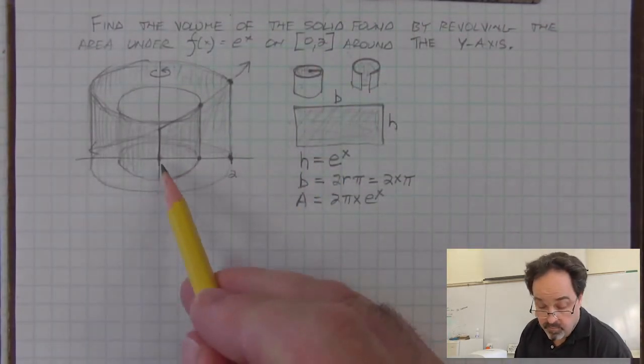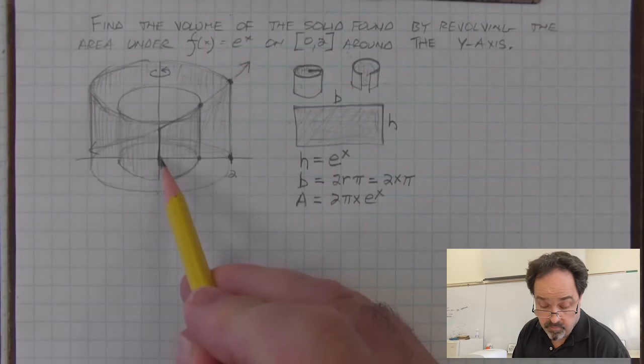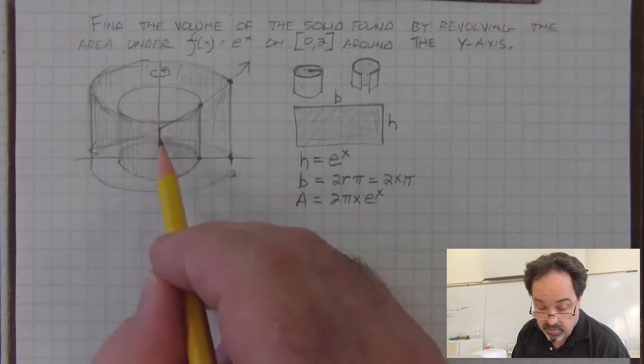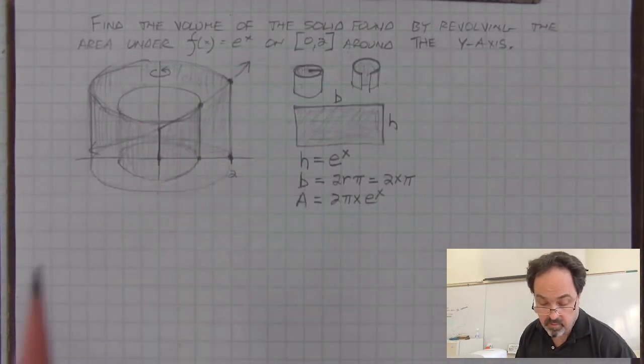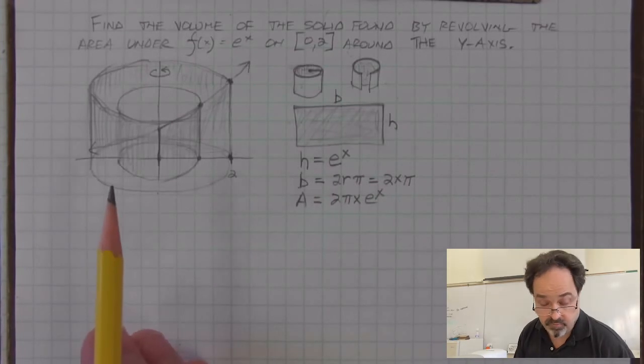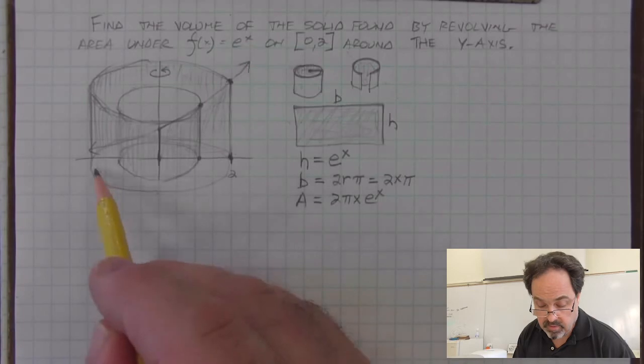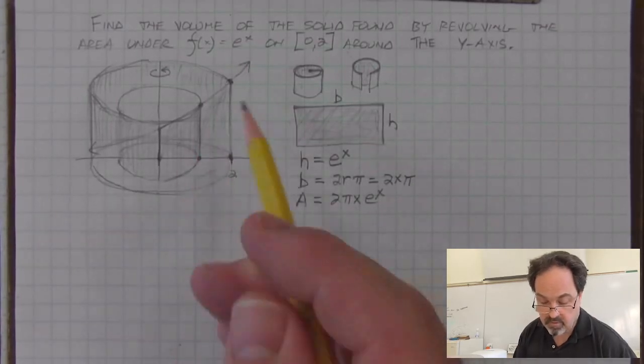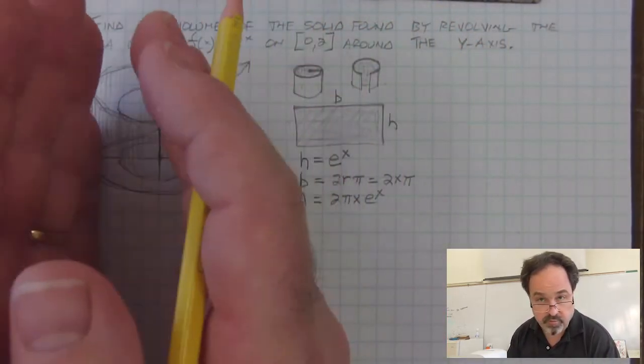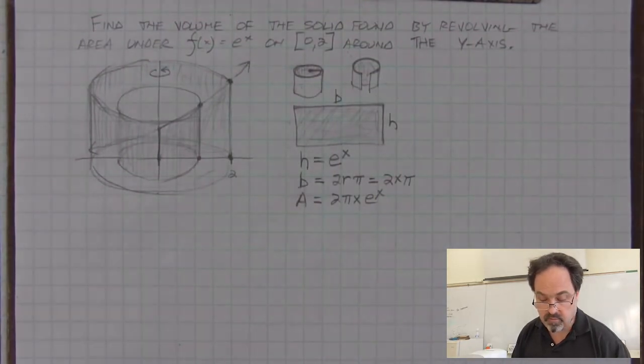The lower bound of the interval is 0. A line or a function value at 0 is on the axis of rotation, so it isn't going to form a shell in itself.